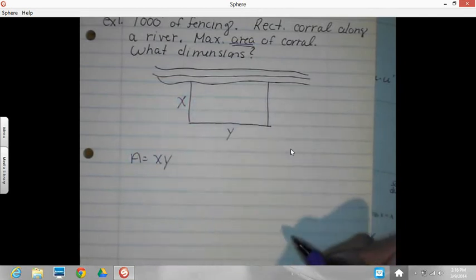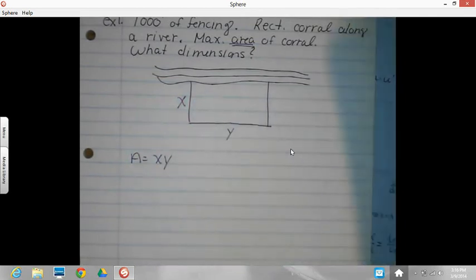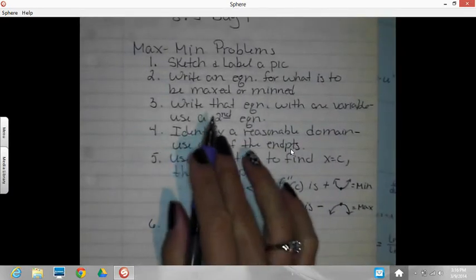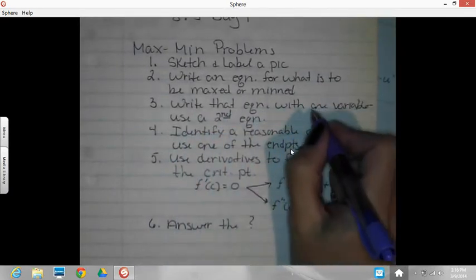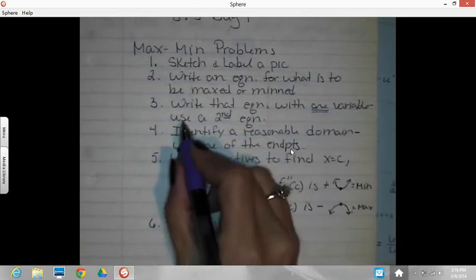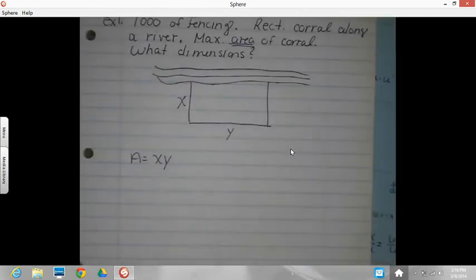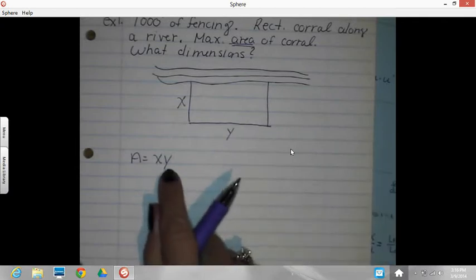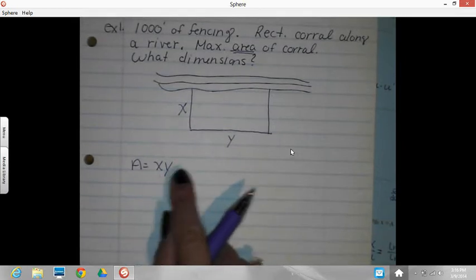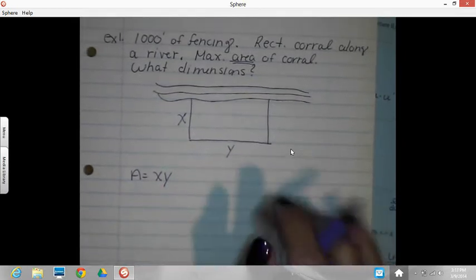Now I'm at the step where it says, write that equation with one variable in it. You may have to use a second equation. Not always, but in this case we are, because I've got an X and a Y in my equation. So when I said use a second equation, well, you have to look back for another piece of information that will allow you to write an equation.